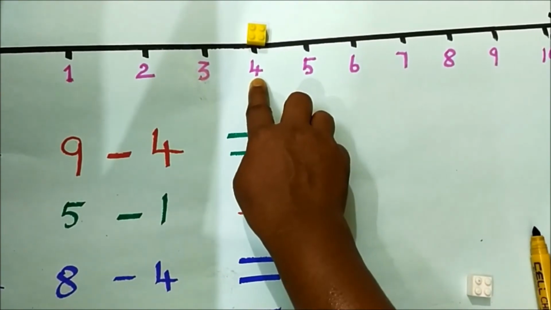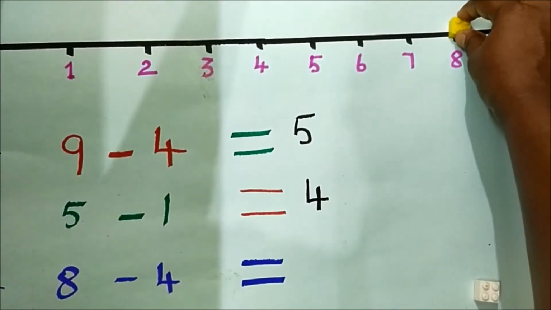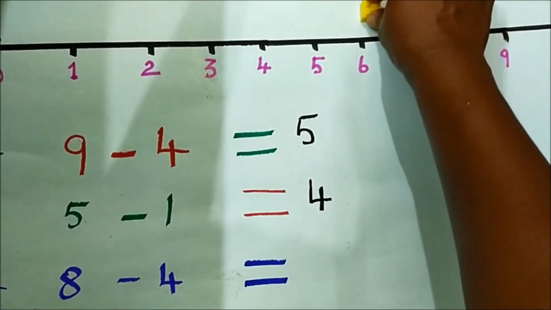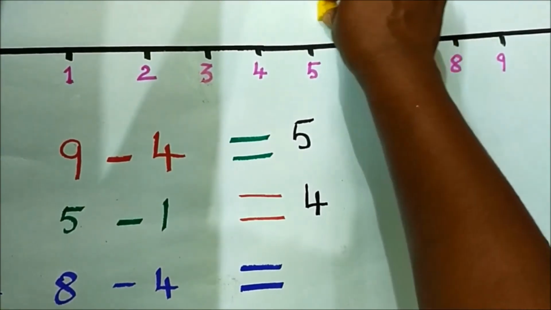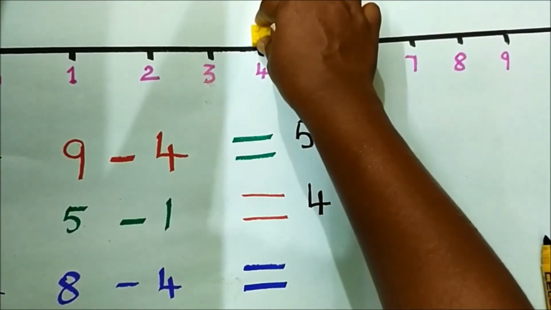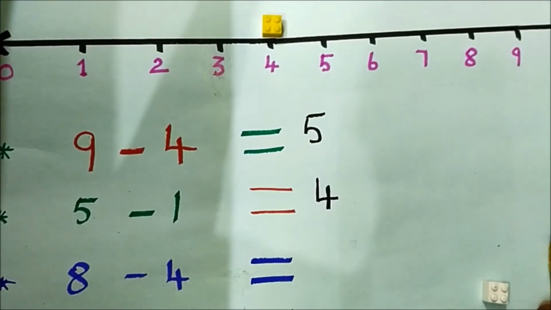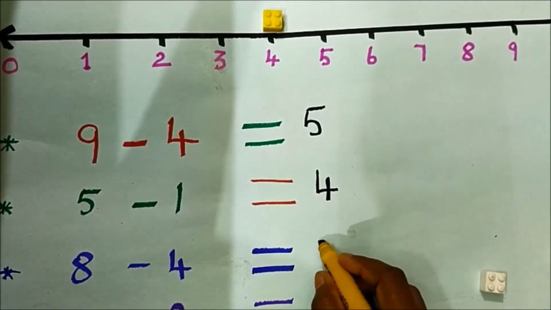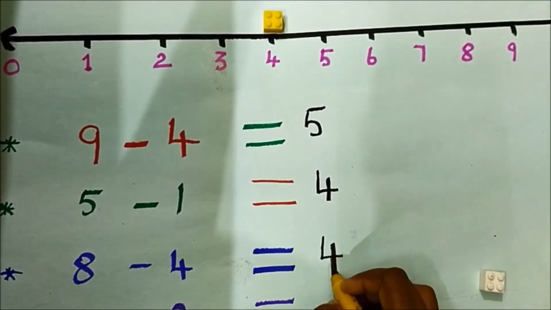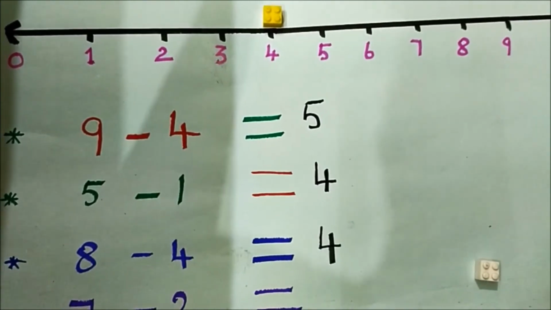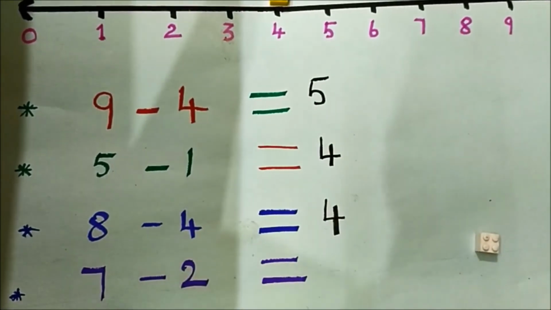What did we get? 4. So 8 minus 4, 4 is the answer.